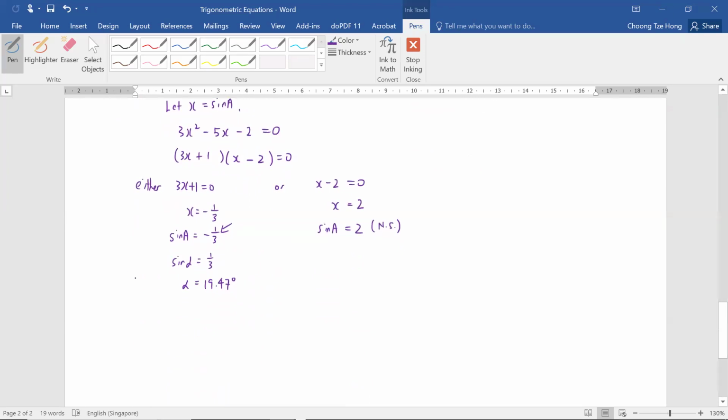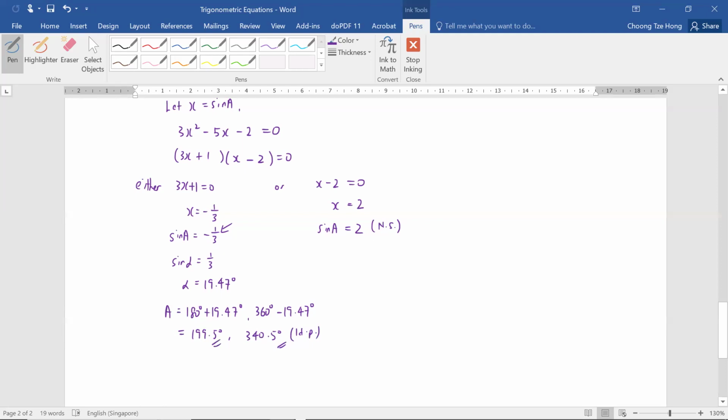So remember, sine negative, we are going for the third and fourth quadrant. Third quadrant is here, and then the fourth quadrant will just be 360 minus 19.47. So you'll get 199.5 and 340.5 degrees, to 1 decimal place.